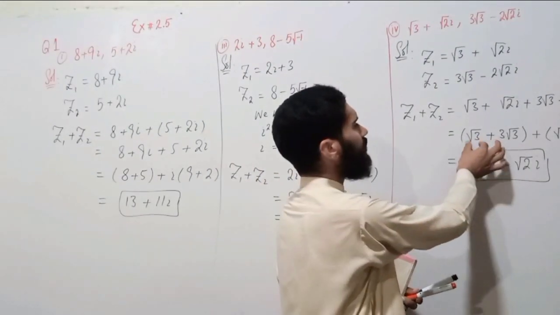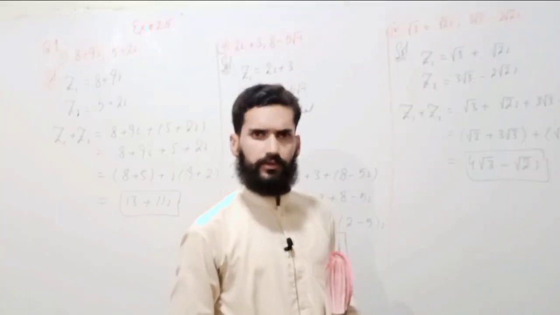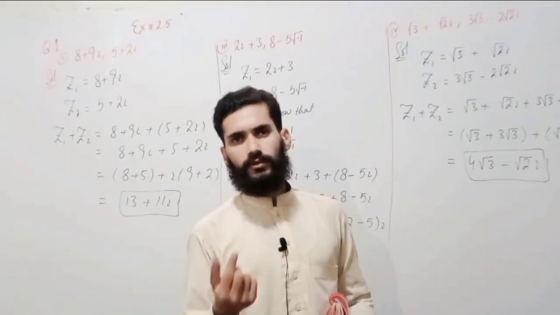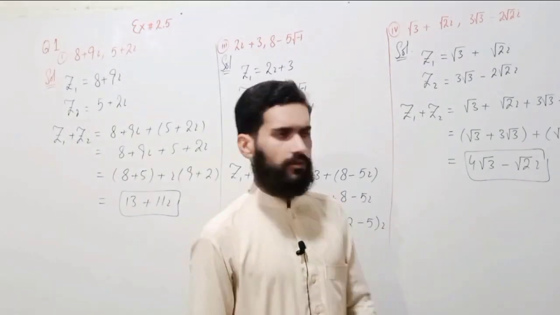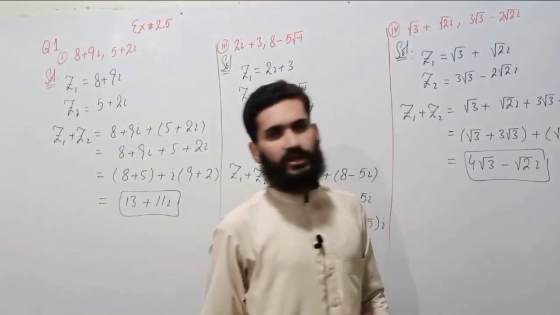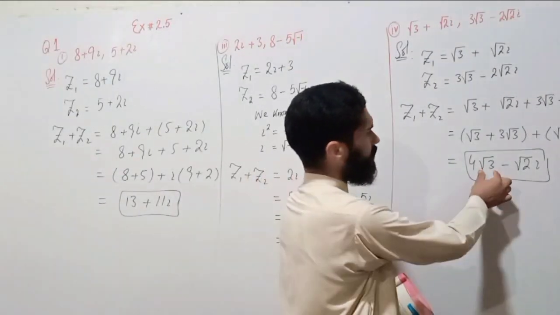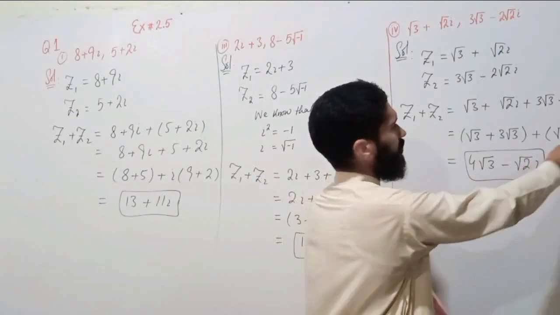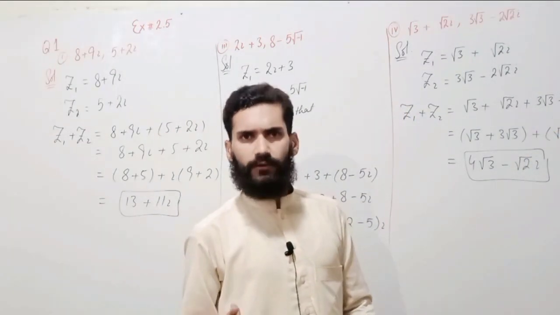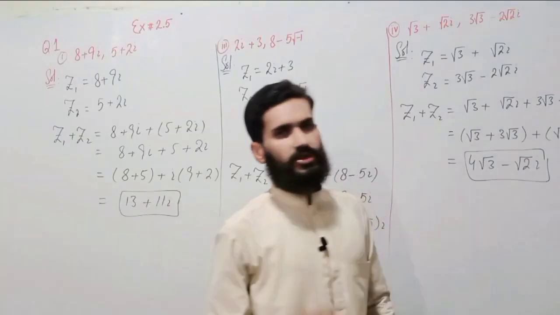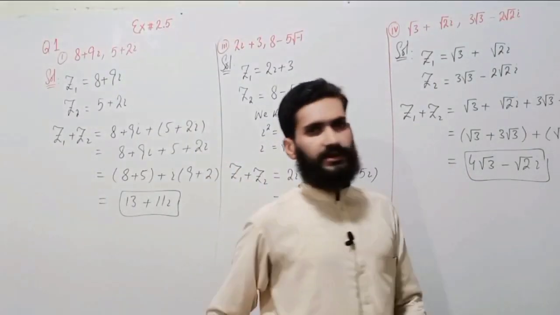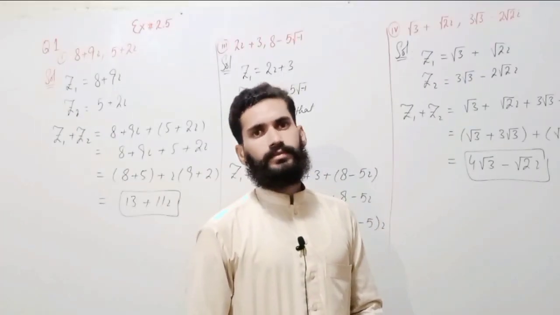Real part with real part gives square root 3 plus 3 square root of 3, and imaginary part with imaginary part gives square root 2 iota minus 2 square root of 2 iota. The coefficients 1 and 3 add to 4, so 4 square root of 3, and 1 minus 2 gives negative 1, so negative square root of 2 iota. This is the required result of part 4.